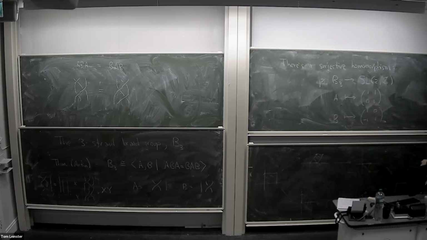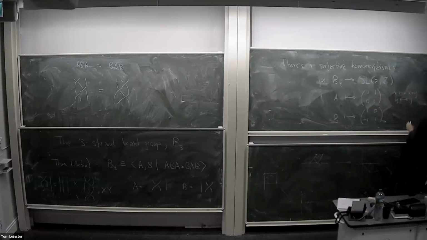So what's going on is that both A and B are getting sent to certain matrices that clearly have determinant 1 and integer entries, but they're very nice matrices. They are shears. As a linear transformation, this first matrix says replace X with X plus Y. So you add Y to the X coordinate and leave the Y coordinate alone.